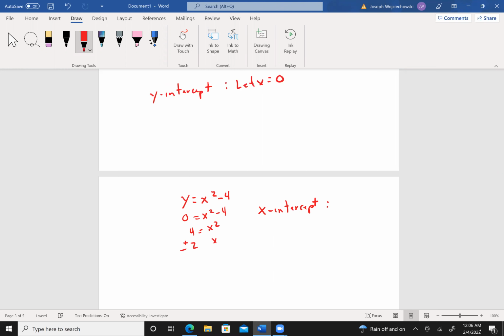So those are my x-intercepts. 2, 0, and negative 2, 0. What about my y-intercept? I simply let x equal 0, which gives me y equals negative 4. So x is 0, y is negative 4. Those are my intercepts.